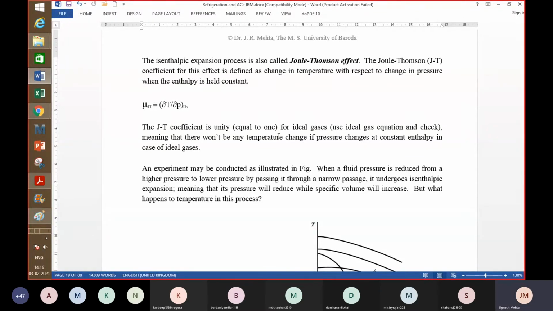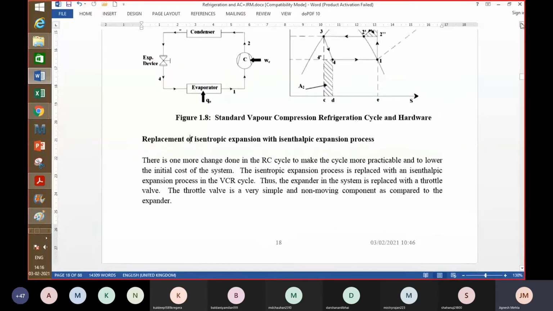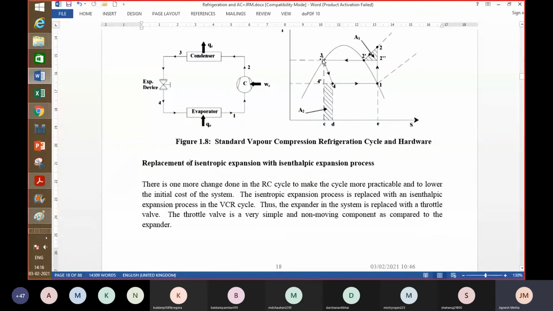So what you want to do in this process is reduce the temperature, and for that you are reducing the pressure. When you reduce the pressure, the temperature is reducing. But this need not happen for all substances in all pressure and temperature ranges, right?